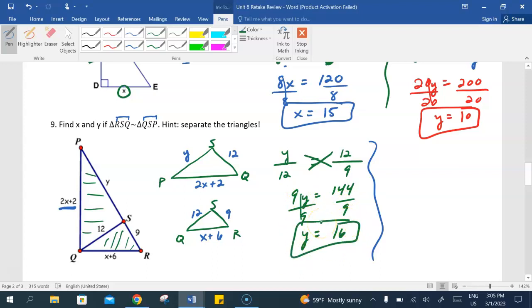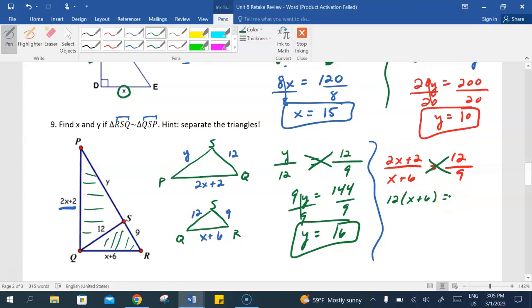Now with x, these are a little harder. For x, same thing though, right? You're matching them up. So I can match up the 2x plus 2 with the x plus 6, and then the 12 with the 9. Again, I can use the same fraction for both. So I'm going to cross multiply here. Now be careful, because I'm going to write this like this, since I am not just multiplying by a variable.